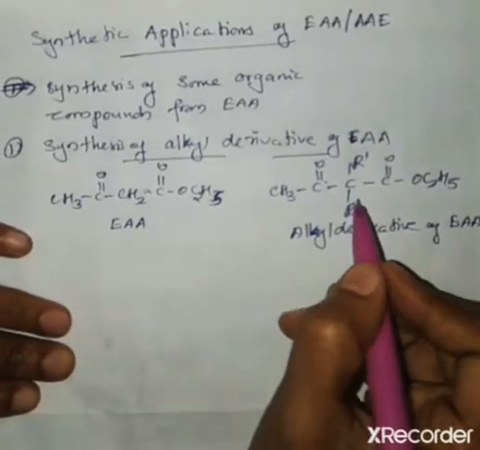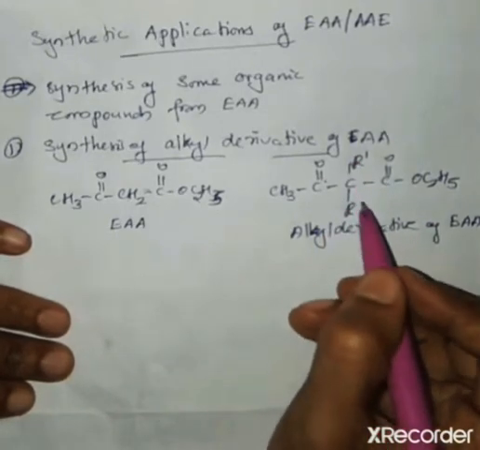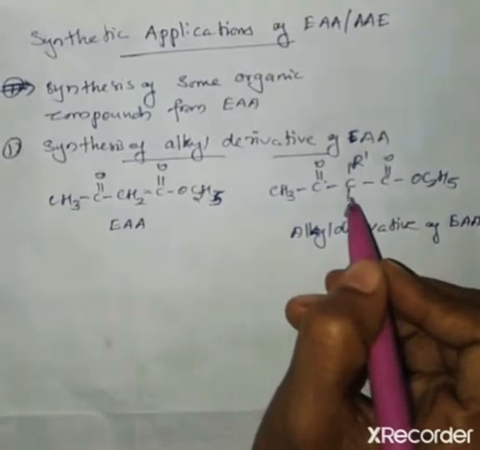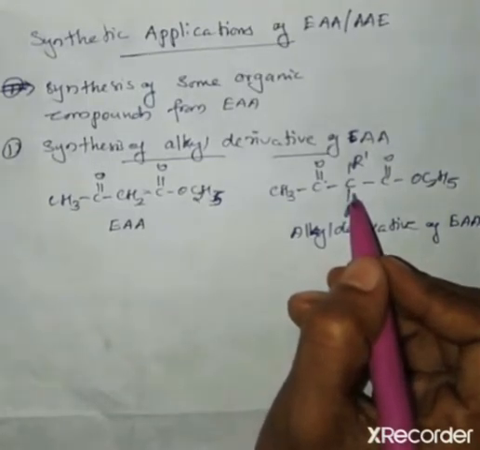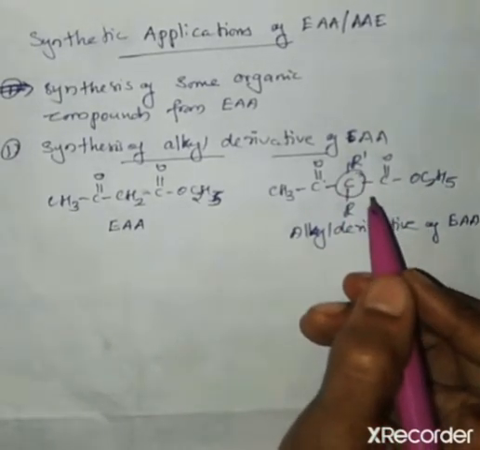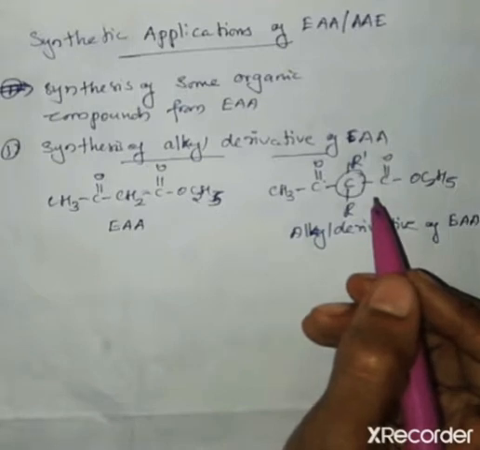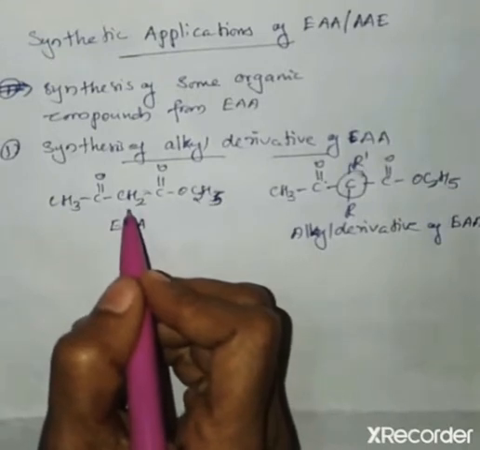In this alkyl derivative of EAA, the alkyl group is substituted at the methylene carbon atom. So the reaction center is nothing but the methylene carbon. For a reaction to take place at the methylene carbon, we studied in the previous class that first you have to remove the methylene hydrogen. The methylene hydrogen is highly acidic.